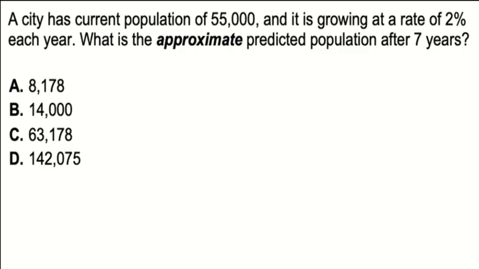This one you're going to need the function a little more exact. So we have a city with a current population of 55,000 growing at a rate of 2% each year. What is the approximate predicted population after 7 years? These types of problems do sometimes, like I said, require a specific function. It could be linear, quadratic, or, in this case, exponential.